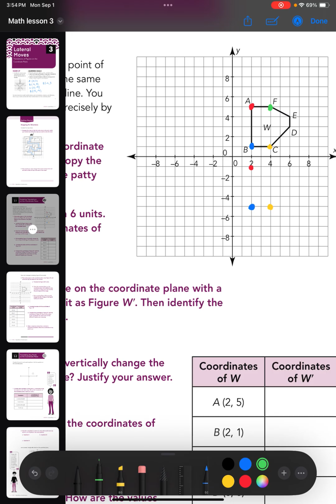Point F, if we move down 6, we're going to be right here. Go to black. Point E, if we move that down 1, 2, 3, 4, 5, 6, we're right here. And I'll do another blue one. So point D, again, down 6 units, and that's going to put us about right there.